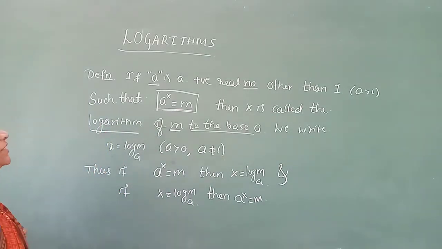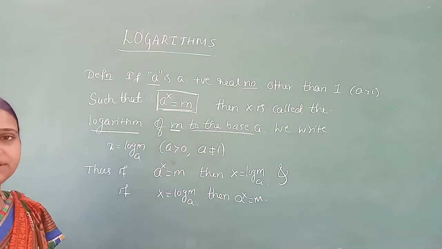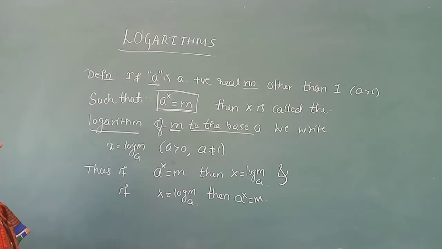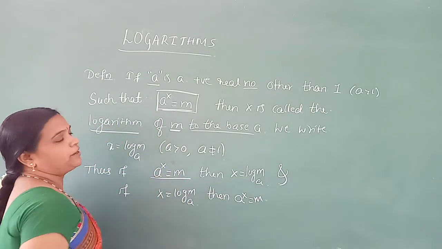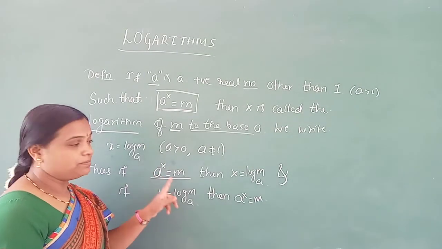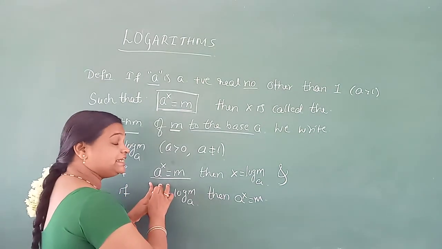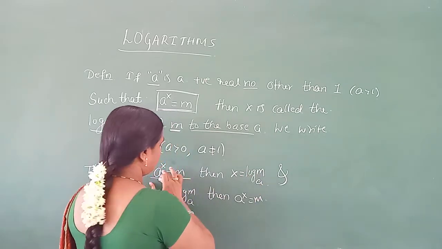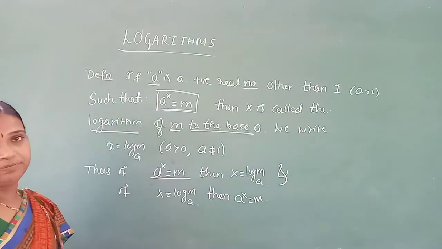This definition we express in the form of symbolic representation, that is, if a to the power x equal to m, did you understand? A to the power x equal to m is the given number, then it can be represented in the form of logarithm as x is equal to log m to the base a.